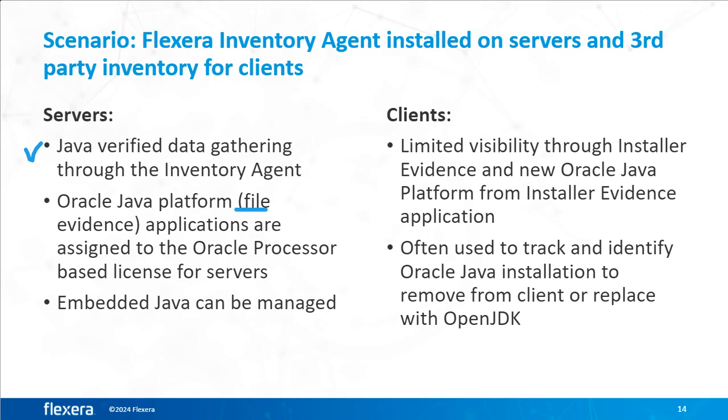We use the Oracle Java Platform file evidence. And if we have licenses or entitlements, it's still the Oracle processor-based model. So we use here the Oracle Java Platform applications with our Oracle processor license. All fine. We get the data in.